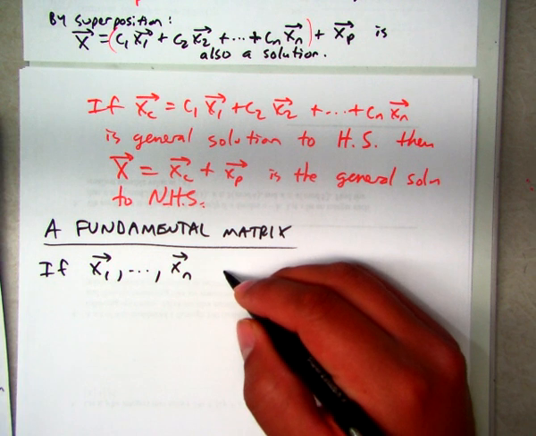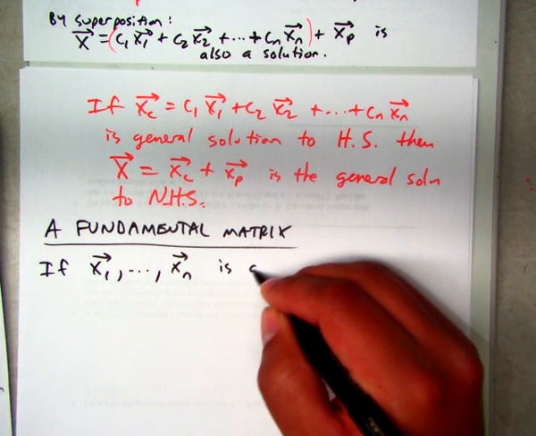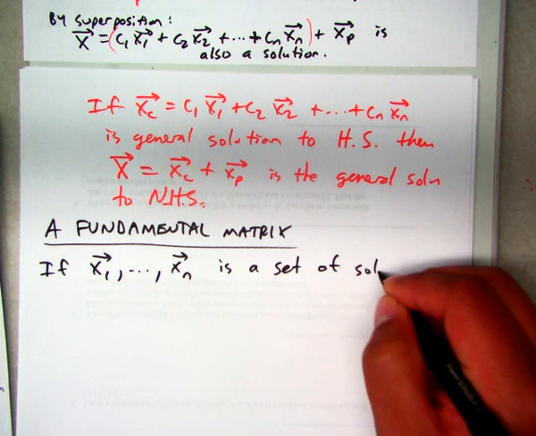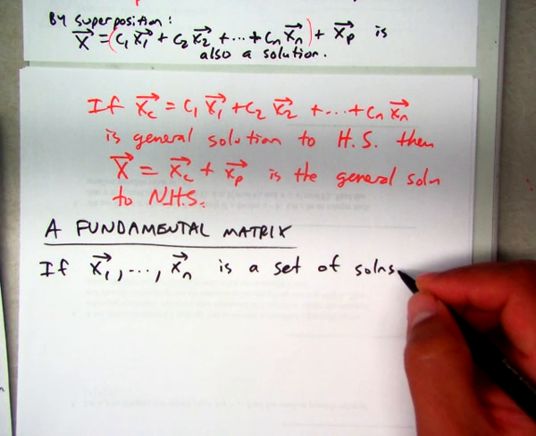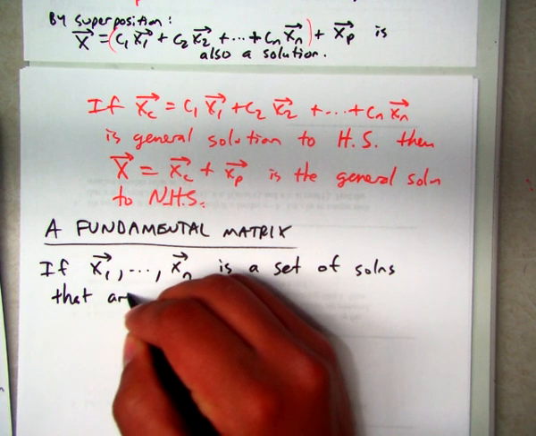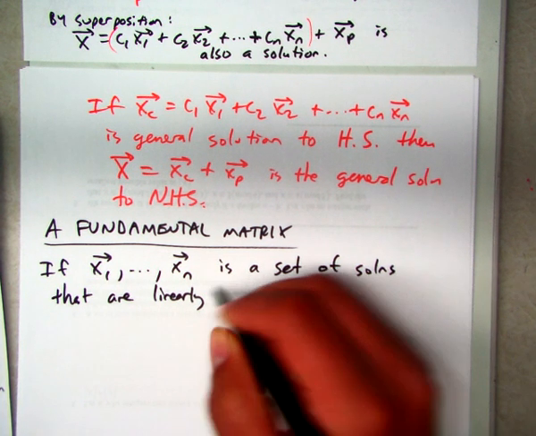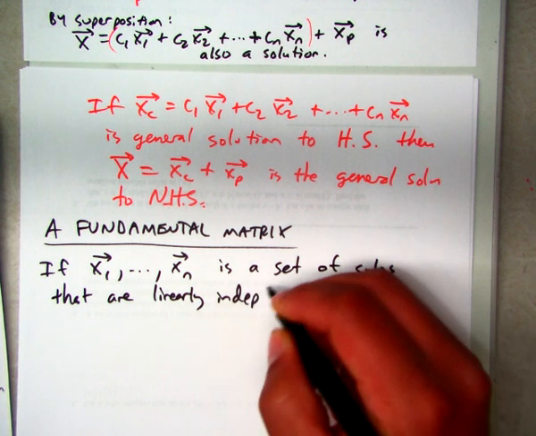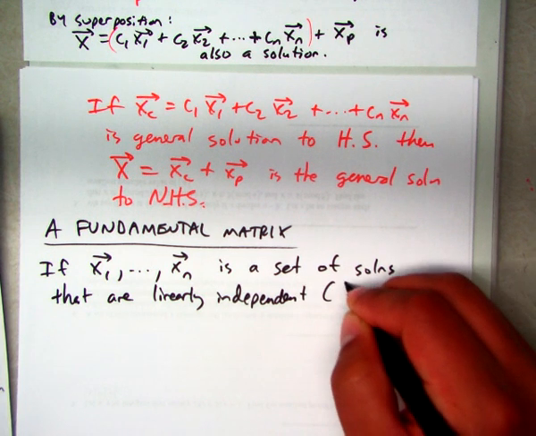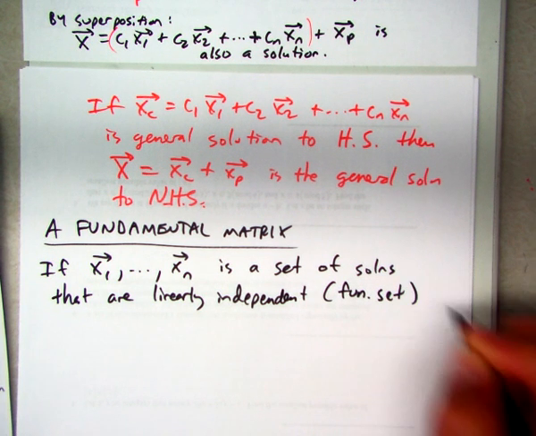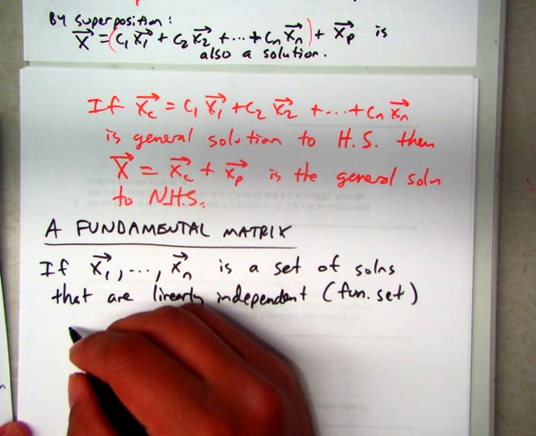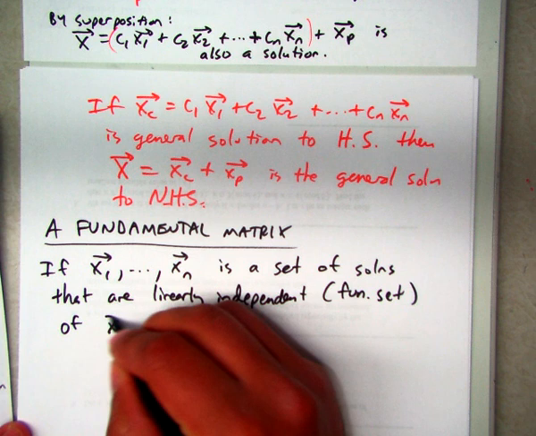Let's say this forms a set of solutions that are linearly independent, which of course means that it's a fundamental set of x prime equal to Ax.